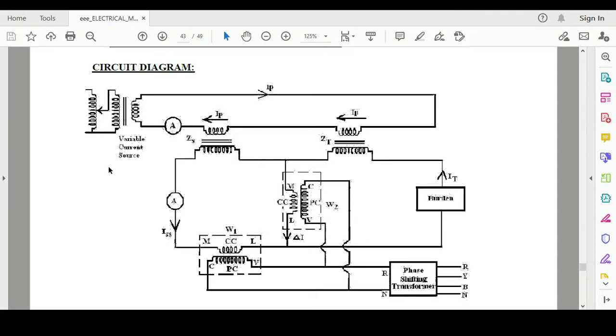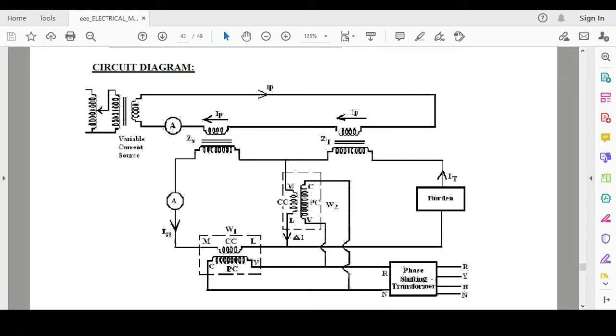You can see there is an ammeter connected at the first terminal of our standard transformer, which is connected to the M terminal of our first wattmeter, and you can see the C and V terminals of both the wattmeters are connected in parallel, and they are supplied with a phase shifting transformer. Okay, this is about the circuit diagram.